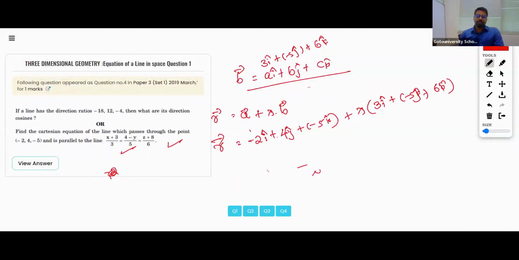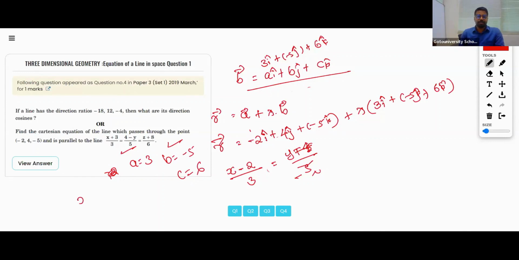So which can be written as, since it's parallel to the given equation, our A is 3, simple, B is minus 5, and C is equal to plus 6.